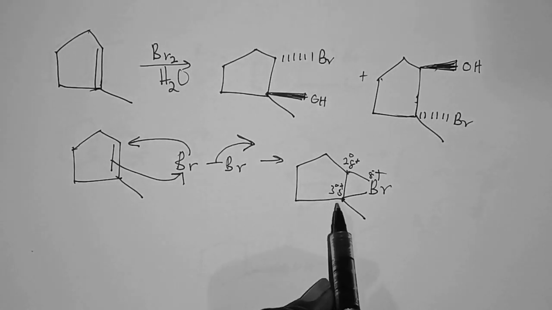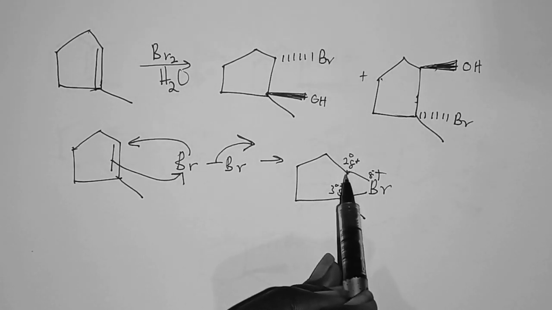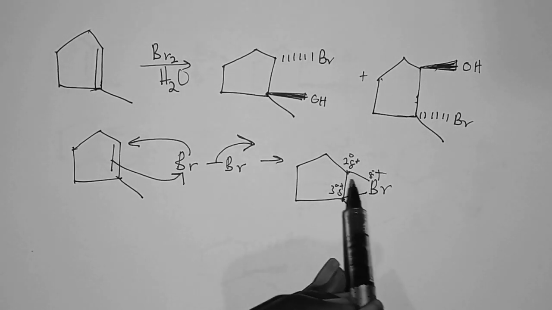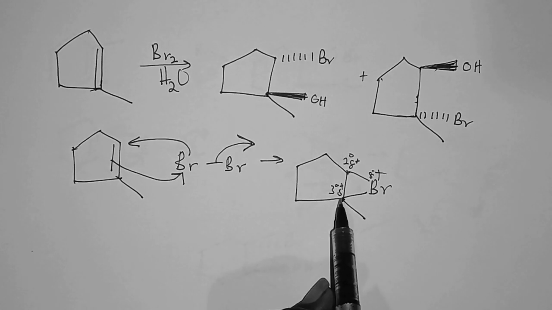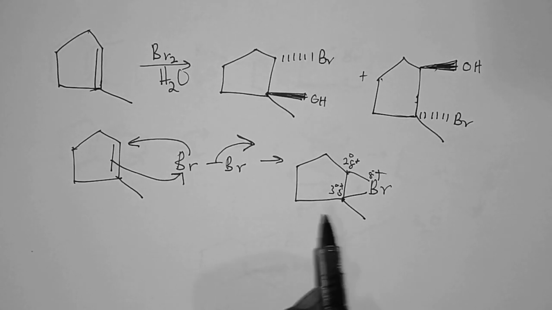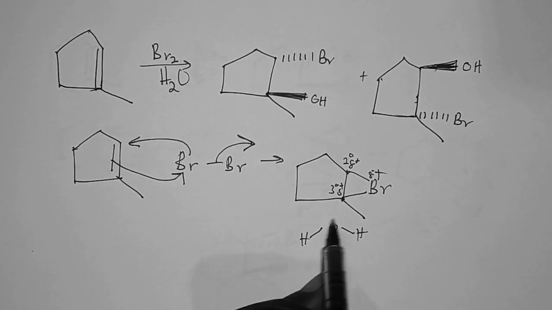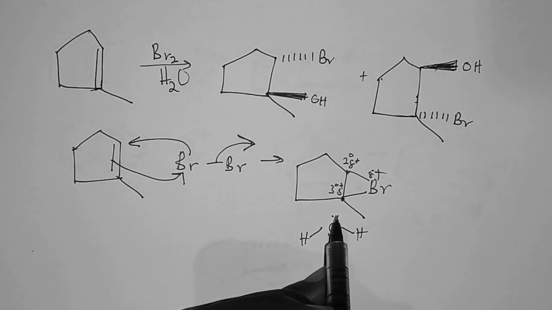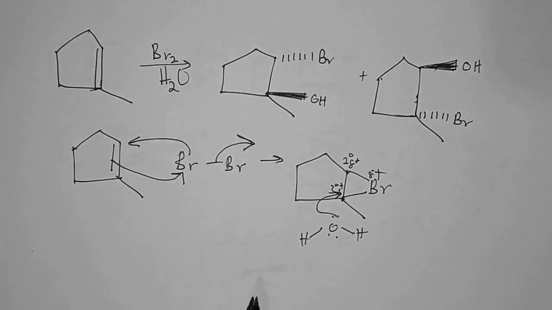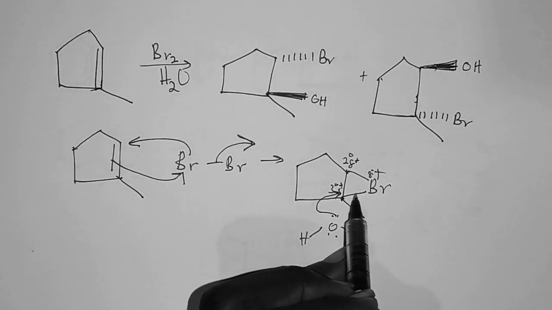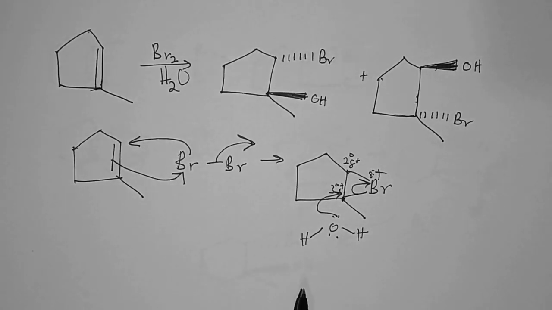A tertiary carbon bearing a partial positive charge is more stable than a secondary carbon bearing a partial positive charge, and therefore the OH, which is the water molecule, would attack this side of the carbon, causing this ring to open.